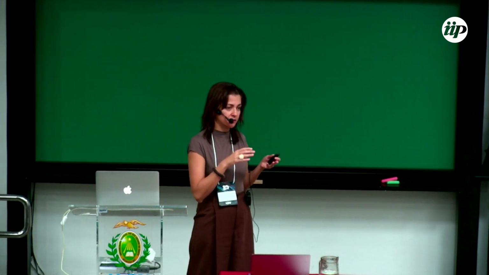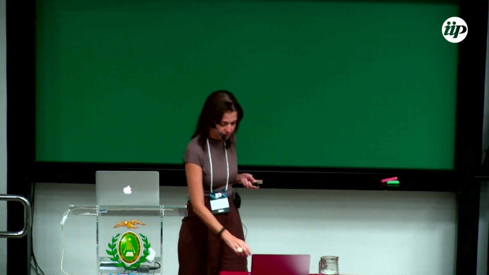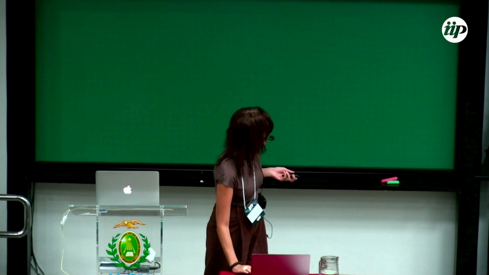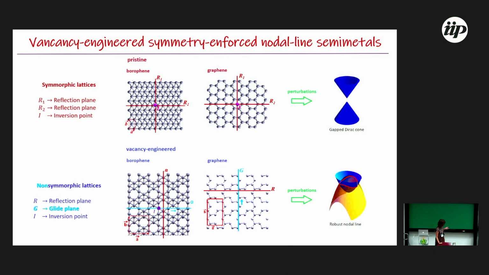And I need these vacancies to be part of the crystalline structure. As a matter of fact, they have to be distributed periodically, so that you're creating a reflection plane with a glide symmetry, with a glide plane, like here, for example.